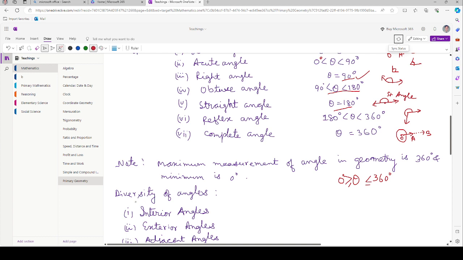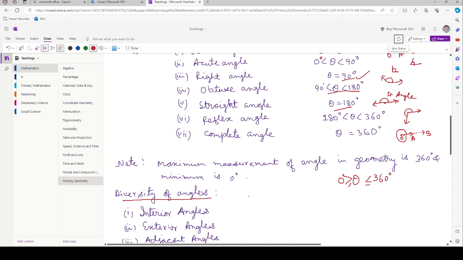There are so many types of angles apart from these types. Now, I am discussing these types. First of all, interior angles. Angles formed inside a polygon determined by extending sides are known as interior angles.